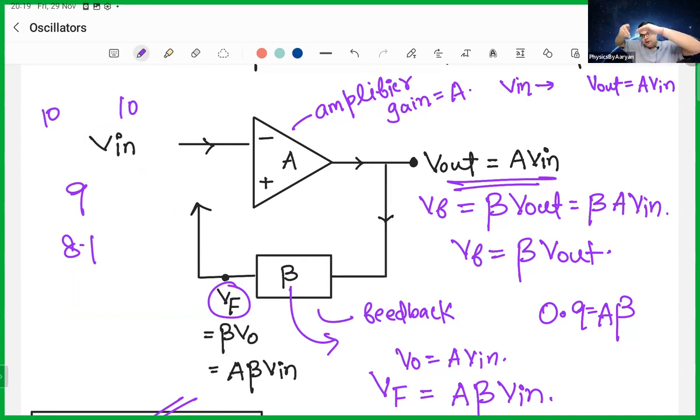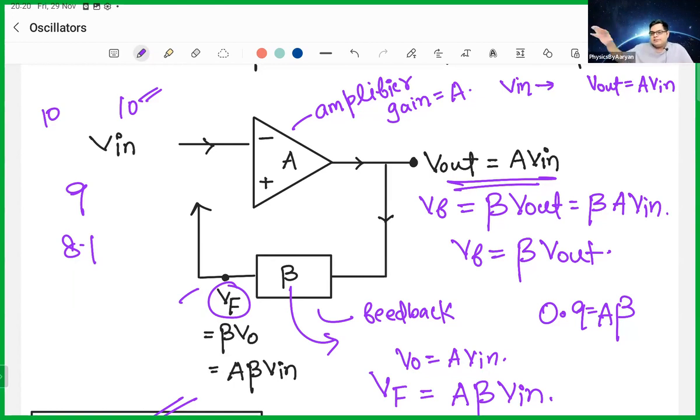One is 10 and another is 10 in a different phase. Then they will cancel each other out and give you 0. So this voltage and this voltage should not cancel each other out. There should be no phase difference between them. Otherwise, when you are giving the feedback, the feedback voltage and input voltage will sort of cancel each other out, or will not be in a smooth continuity and will not give you a perfect sustainable output.